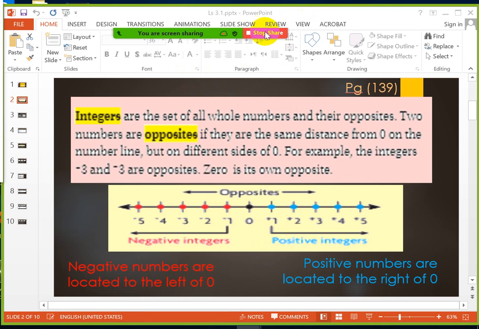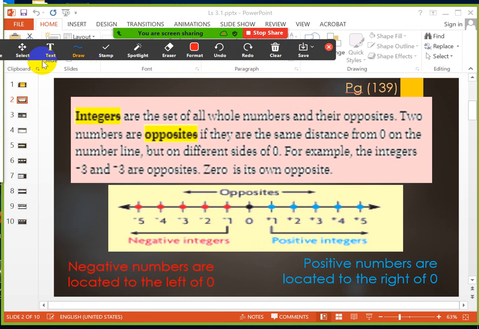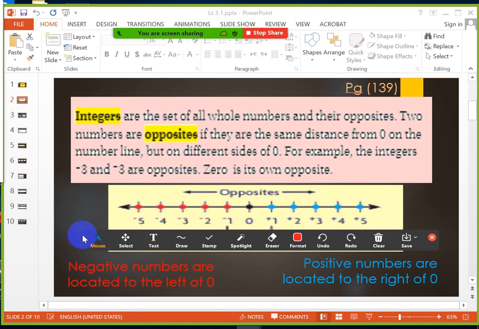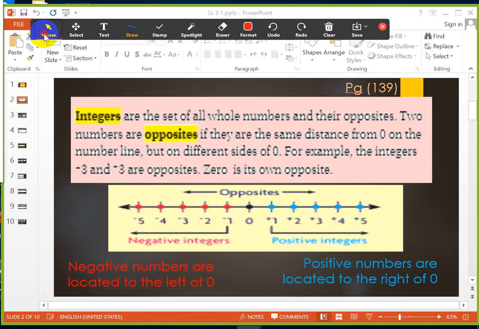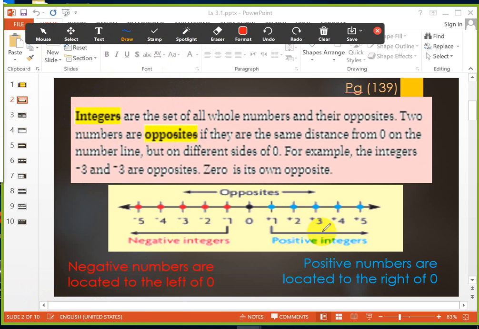Today we will talk about a new set, that means a new group of numbers. We name this group of numbers integers. In integer numbers we have positive and negative numbers.